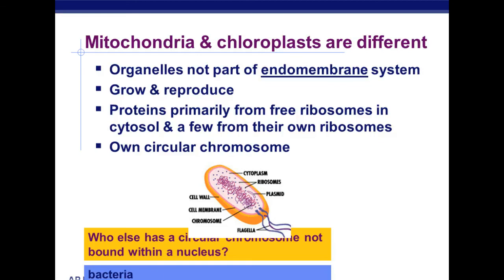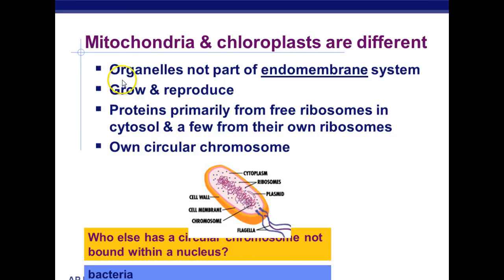So let's review this theory of endosymbiosis and what sets mitochondria and chloroplasts apart from all organelles, and get these in your notes. All right, first, they grow and reproduce on their own. That's a huge one. Second, they have proteins that are manufactured by their own ribosomes, not the ones in the cell itself. Thirdly, they both have their own circular chromosome, which directs synthesis of their own proteins.